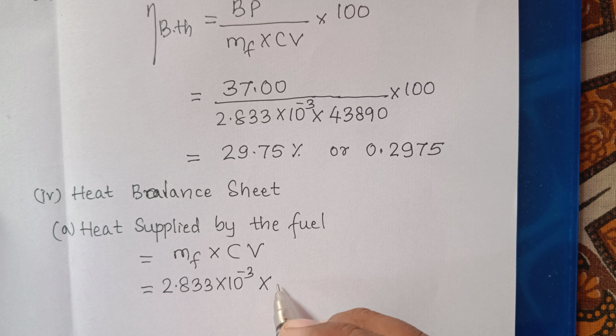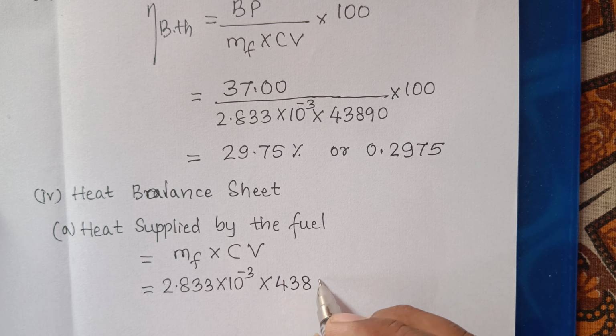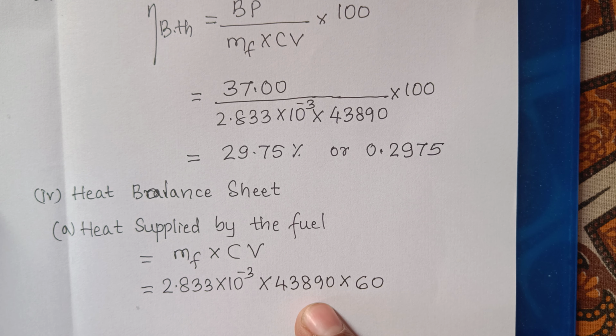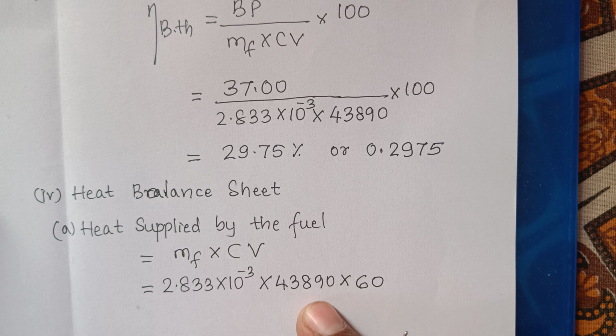The calorific value is 43,890, multiplied by 60 to convert this into what? Per minute basis. Otherwise, the answer you get will be in kilojoules per second, which is kilowatt. I want the answer in kilojoules per minute.